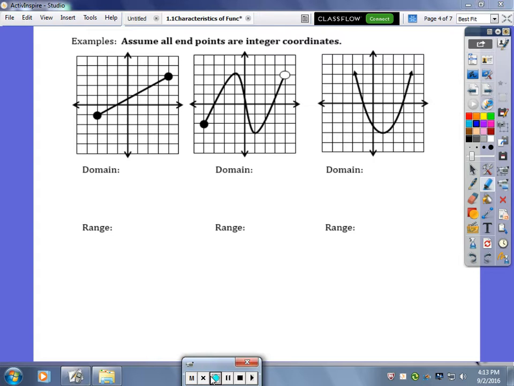Let's look at the domain of our first example. The smallest value that's part of our graph seems to be starting here and then going over to the right. This is how far our graph goes.